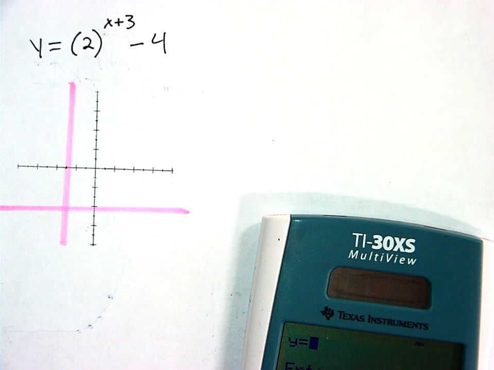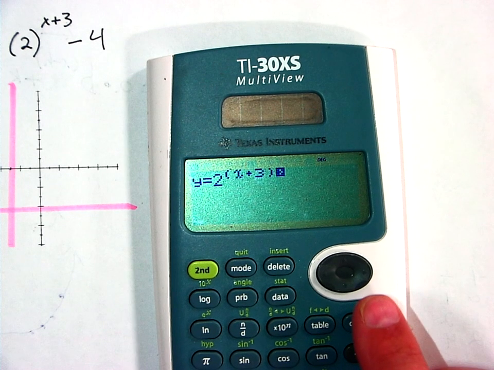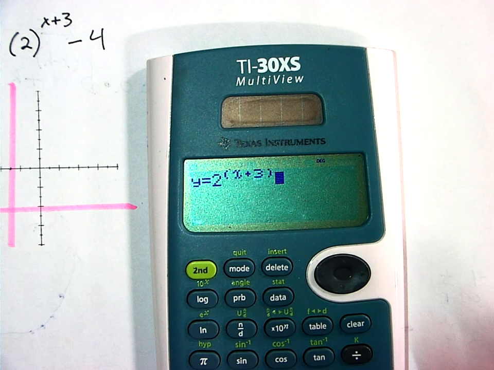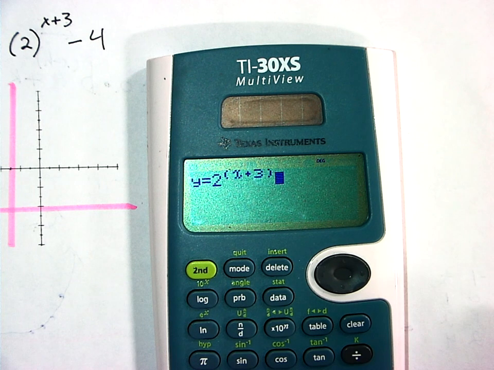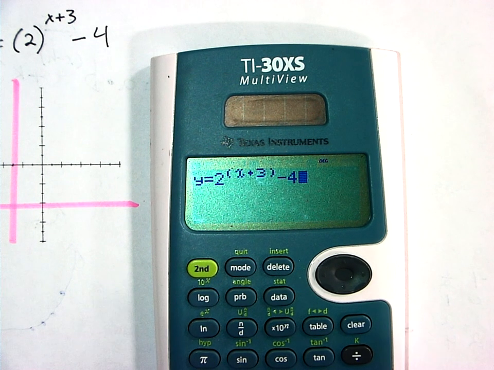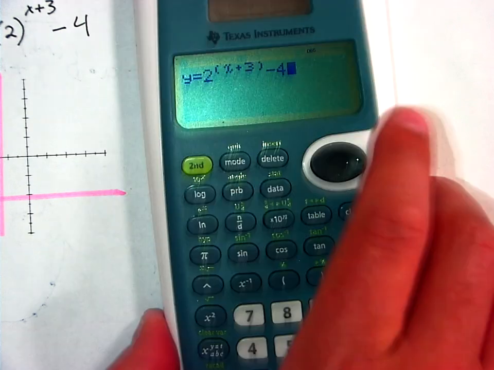And then I'm going to do 2 raised to the, now I'm going to put this in parentheses. X plus 3. So you can't see that, let me move that up. 2 raised to the x plus 3. And then click to the right to get down so that you're on the same level. Minus 4. So you should have something that looks like that in your calculator.